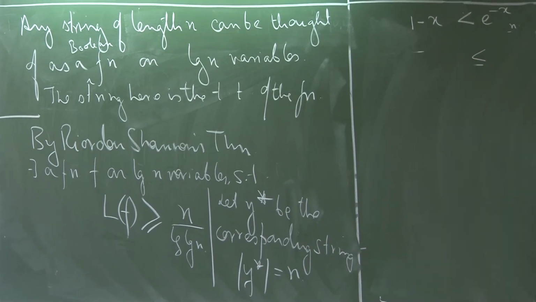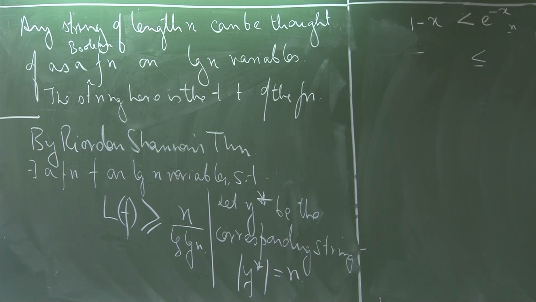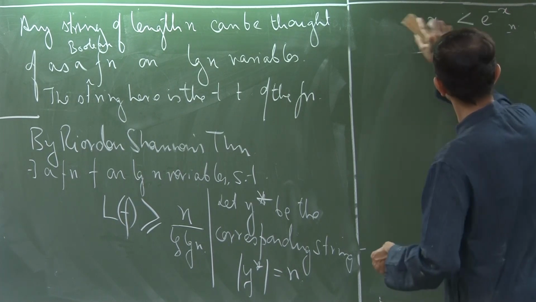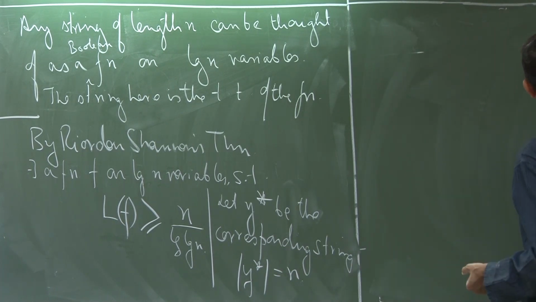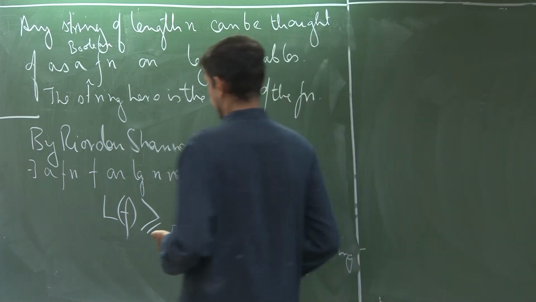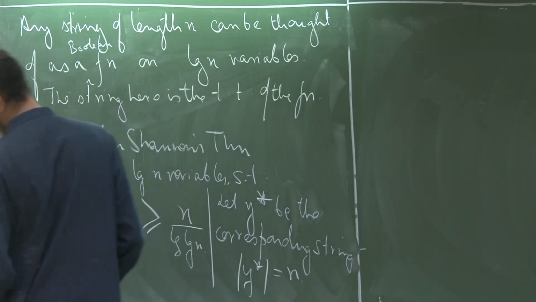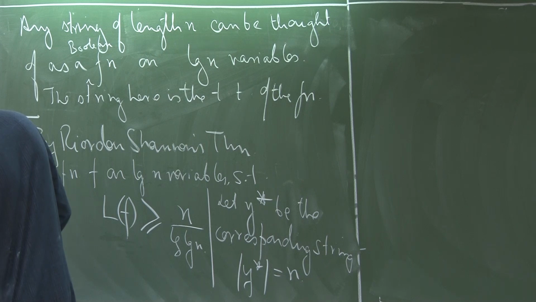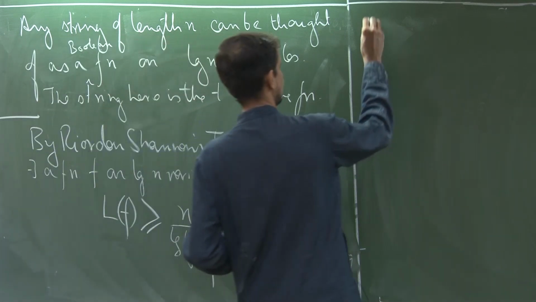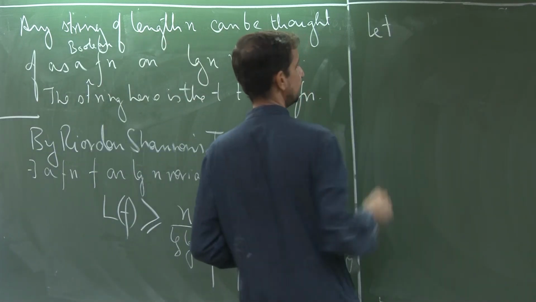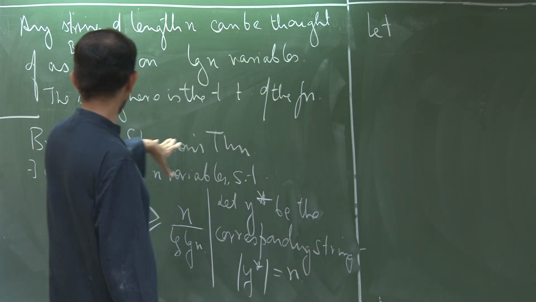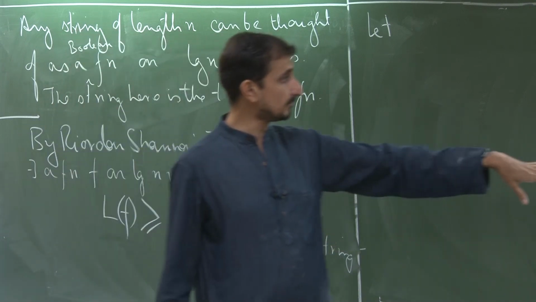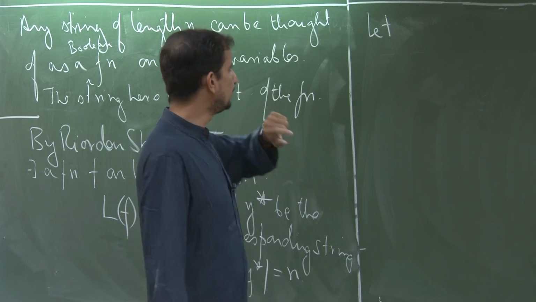Now I will define another function. I had the Andreev function a n, which took 2n bits as input.